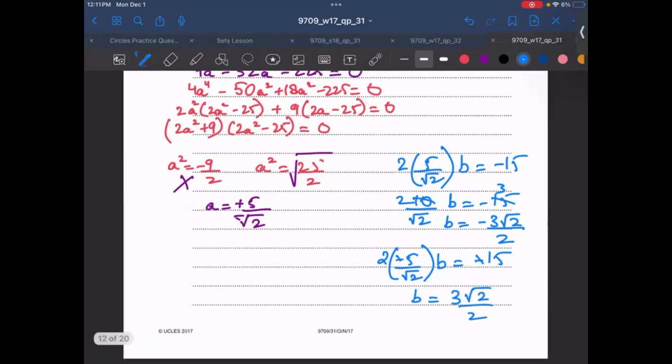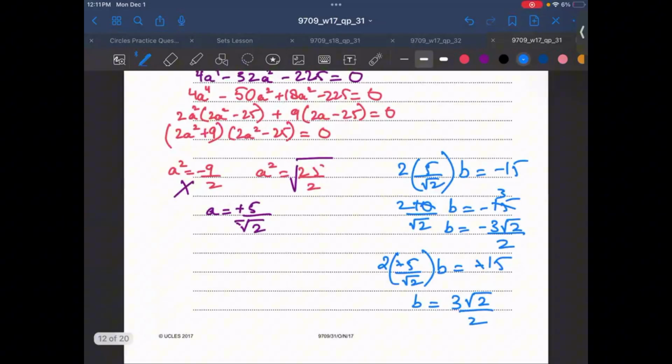So the two square roots will become 5 upon root 2 minus 3 root 2 upon 2 i, and the other square root will be minus 5 upon root 2 plus 3 root 2 upon 2 i. So these will be the two square roots of the complex number.